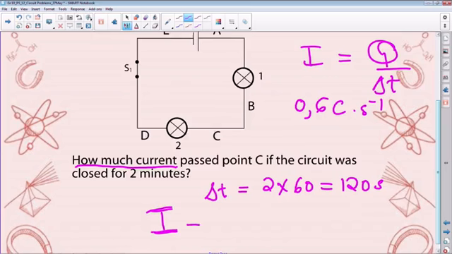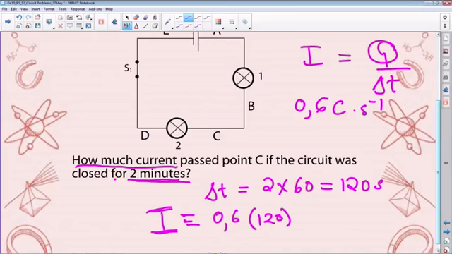It will be 0.6 multiplied by 120. So I think it's important to highlight that again. The time is 120, okay, and if per second we've got 0.6, we just multiply that by 120.